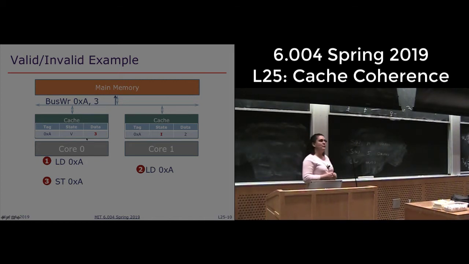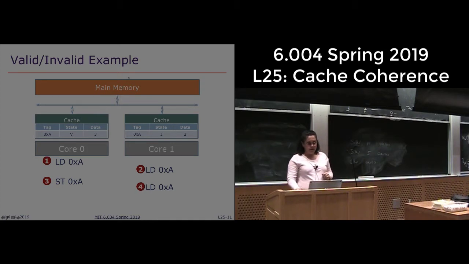Okay, so now we've modified our value for address A. When we're in the modified state, it's only possible for one of the caches to have a copy of this data. And then we also saw that it's a write-through cache, which wrote the data to main memory as well at the same time.